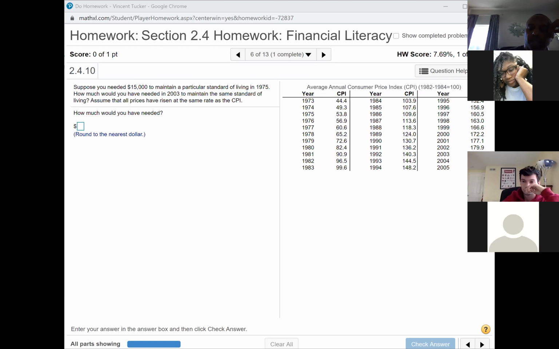We don't know what the price is in 2003, so I call that P. CPI in 1975 is 53.8 and 184.0 in 2003. All right, questions?